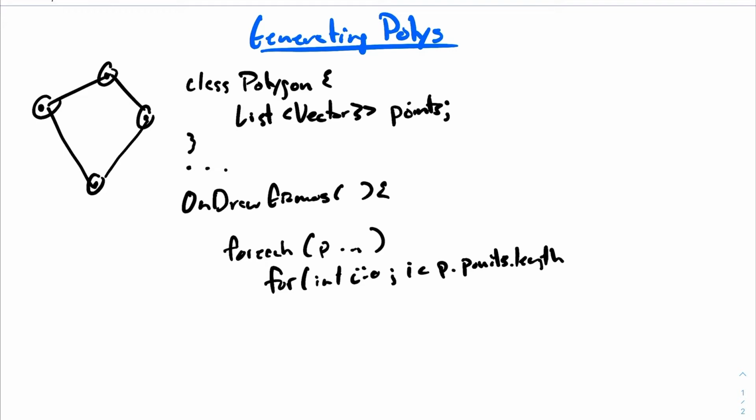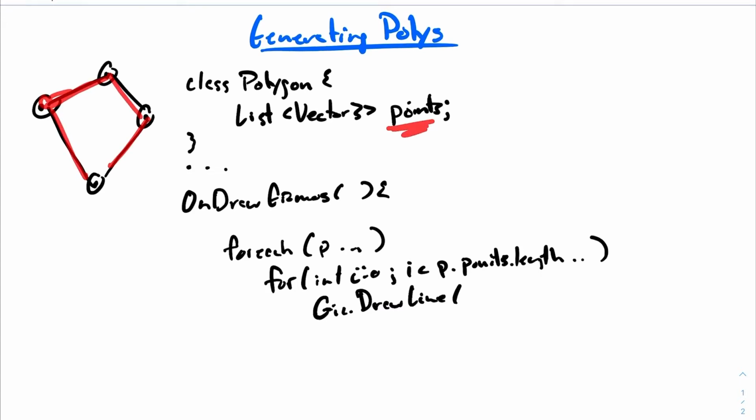Essentially just looping over each one of these points. And then in here, I would do a Gizmos.DrawLine between this point and the previous, and that might be about it. And that will essentially draw these lines, 1, 2, 3, 4, or however many points I have inside my polygons, right? So this is sort of the very basics.